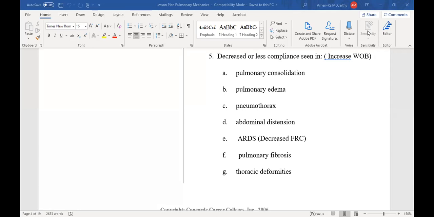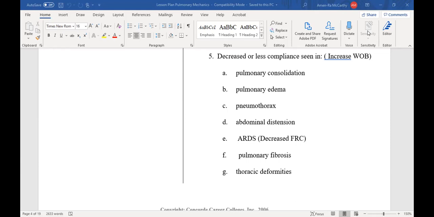We learned that compliance and COPD are directly related. If you have COPD, you will have a higher compliant lung. Since high compliance also means a higher FRC, if you have COPD, you will also have a high FRC, okay?